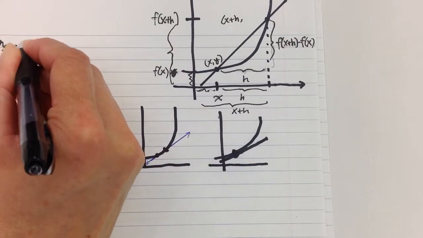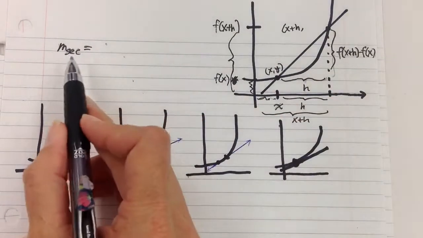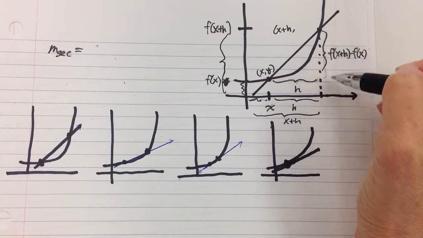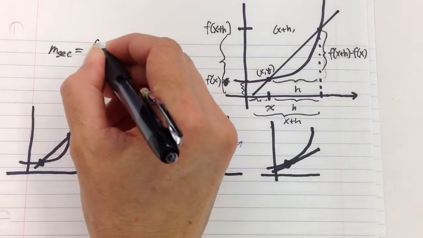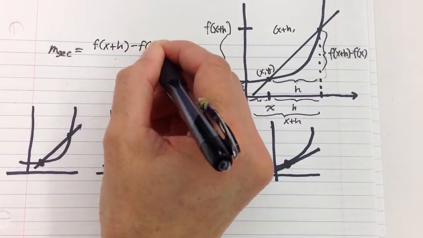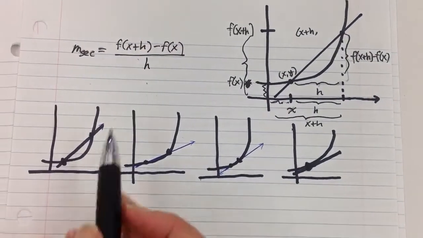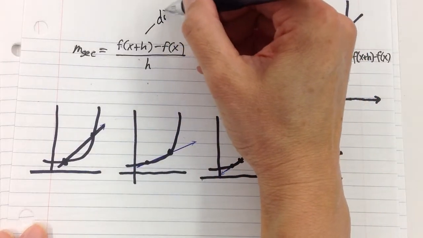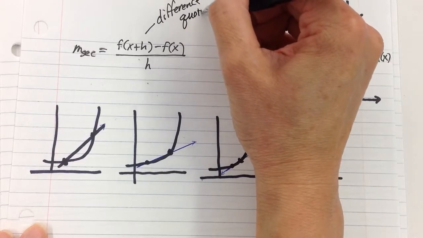So if I want to find the slope of this secant line, this stands for secant because it's a secant, I'm going to take this top half divided by this half, and if you look at that, that's f of x plus h minus f of x all over h. Oh, we've been doing that for a while. That's called the difference quotient, and that's why we've been doing the difference quotient.